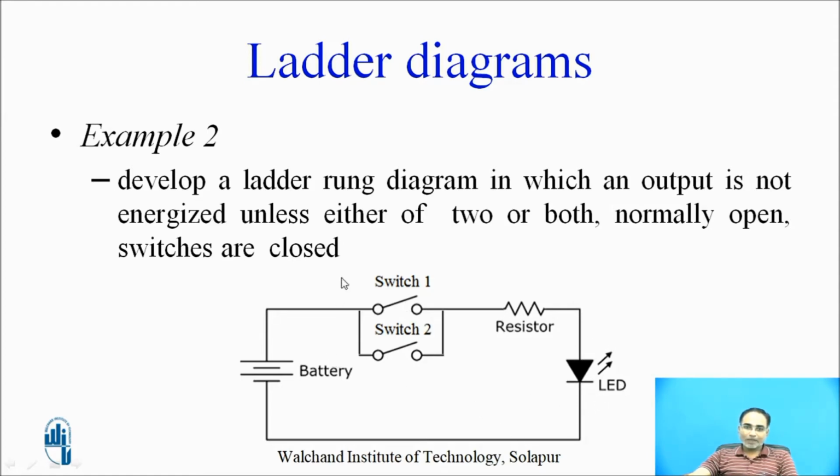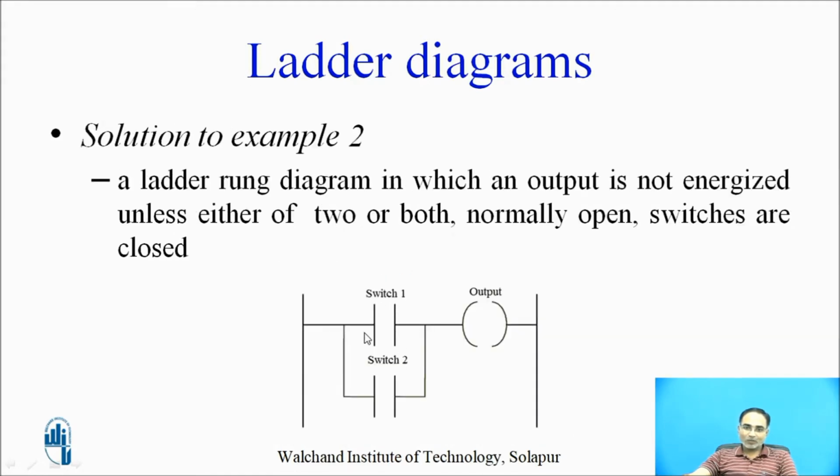So here, if you observe, you require two normally open switches and one output coil which represents the LED, and these two switches are connected in parallel. In the ladder rung diagram also, these two normally open switches are connected in parallel but in series with this output coil. If switch 1 is energized, there is a path, and the output coil will change its state from off to on.